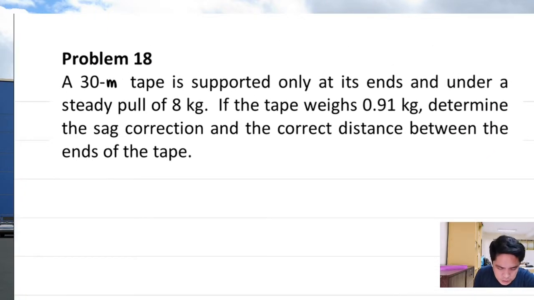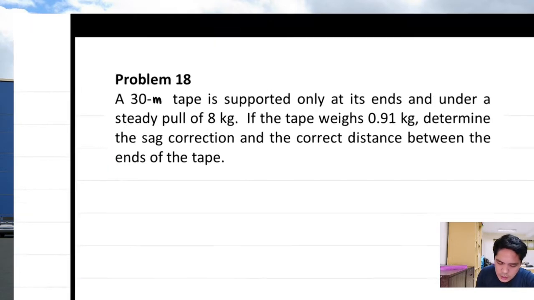Problem number 18. 30-meter tape, so that's a nominal length, is supported only at its ends and under a steady pull of 8 kg. If the tape weighs 0.91 kg, determine the sag correction and the correct distance between the ends of the tape. Okay.